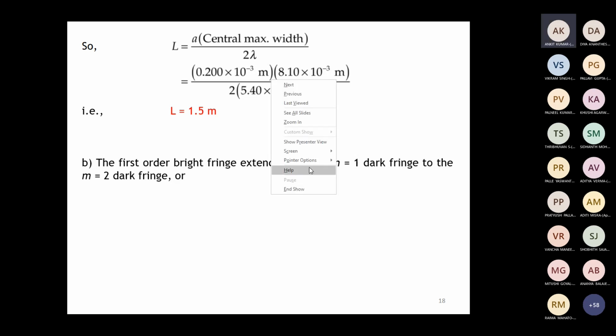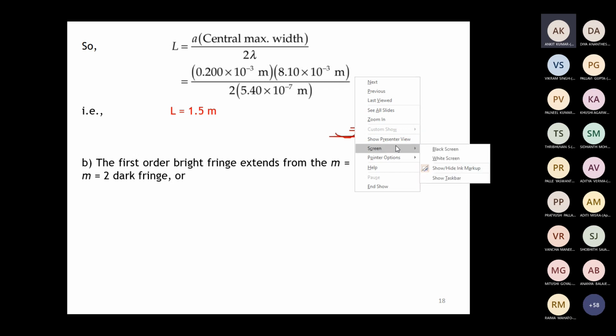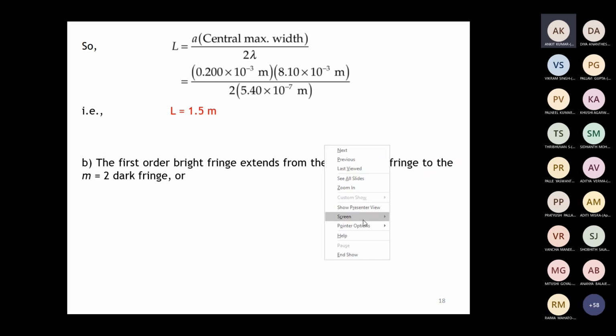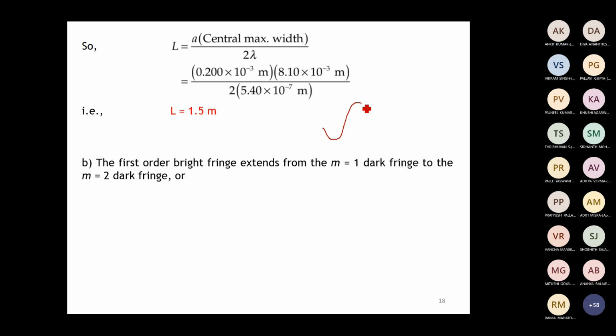Okay, so for the second part, if you have a pattern, you have the first order bright fringe somewhere between the first dark fringe and the second dark fringe.